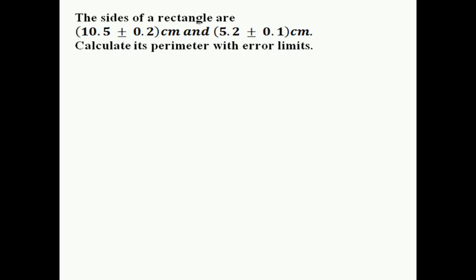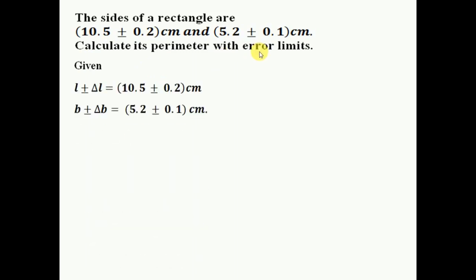Let's see one question. The sides of a rectangle are 10.5 plus minus 0.2 and 5.2 plus minus 0.1 centimeter. Calculate its perimeter with error limit. So two things are given. L plus minus delta L is this, B plus minus delta B is this.